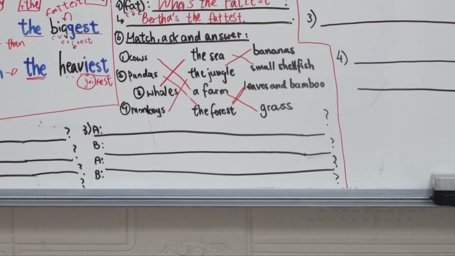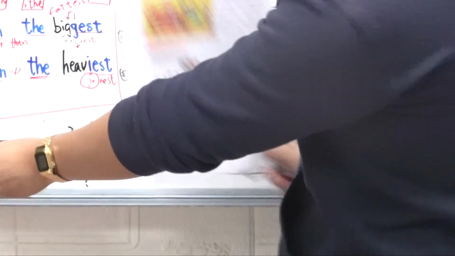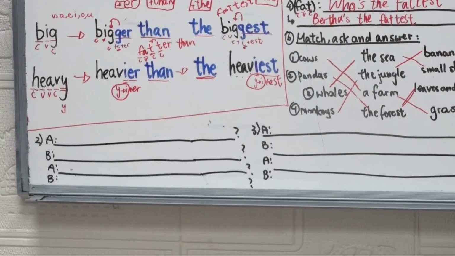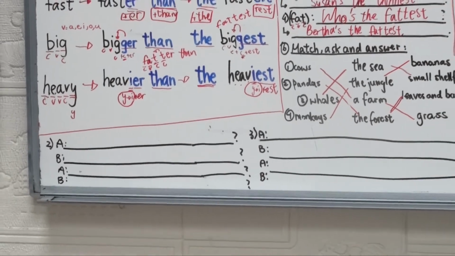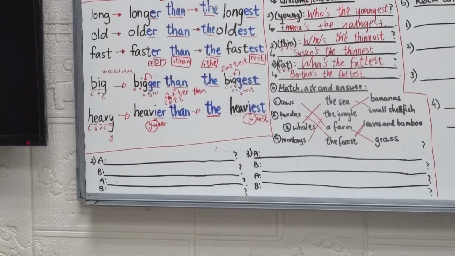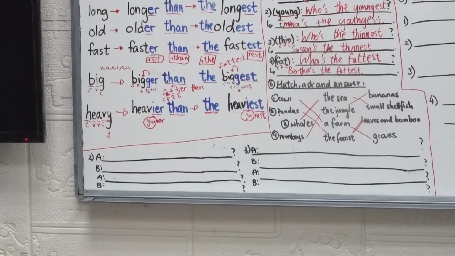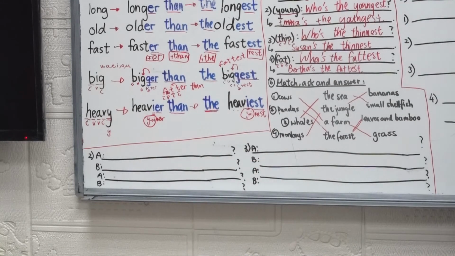Okay, very well. Now let's move on to the next part, alright? Part 2, 3, and 4. Now we are just making the questions. You can follow the example in part 1. Where do cows live? They live on a farm. What do they eat? They eat grass. So what should be the question for pandas?